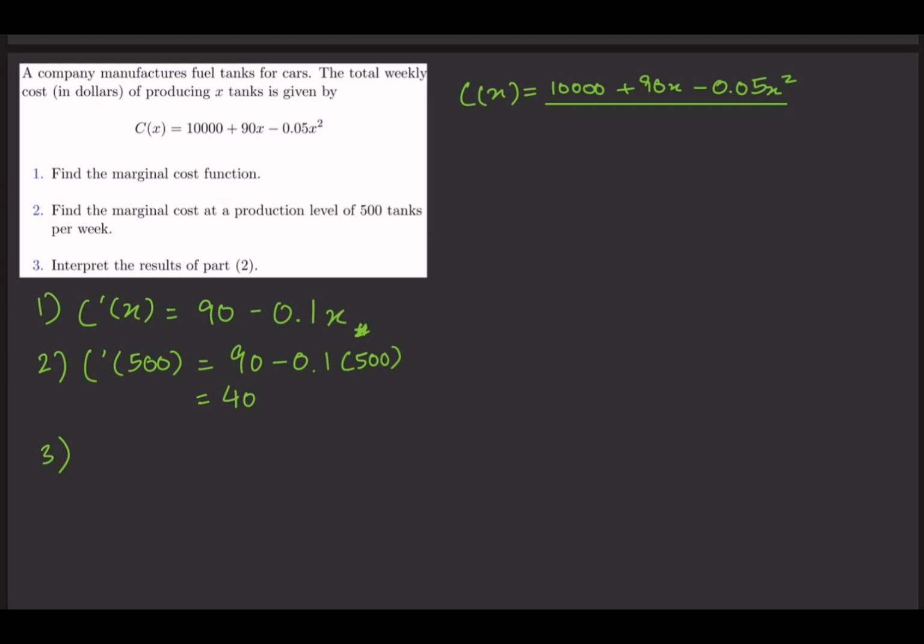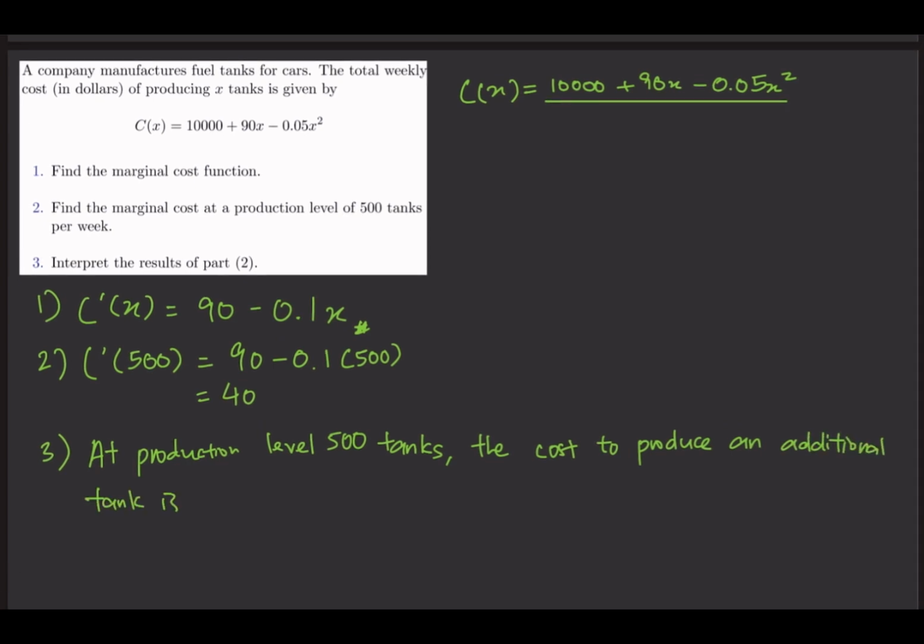That means at production level 500 tanks, the cost to produce an additional tank is $40.